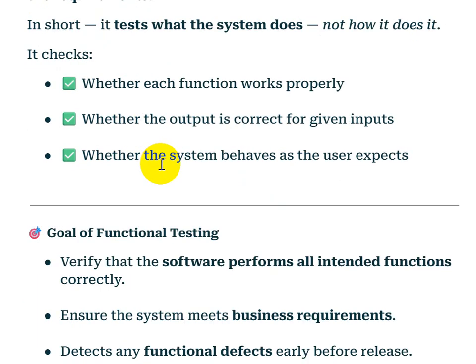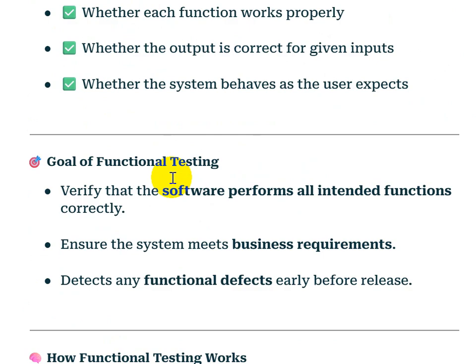So we have different goals of functional testing. First is to verify that the software performs all the intended functions correctly. Whatever functions are available in our application, whether they perform as expected or not, we can check. Another one is to ensure the system meets the business requirement.